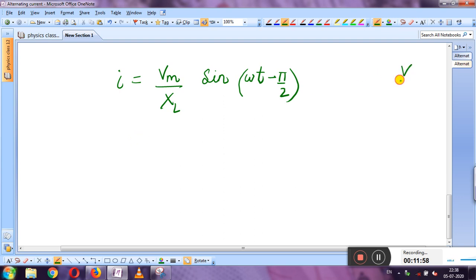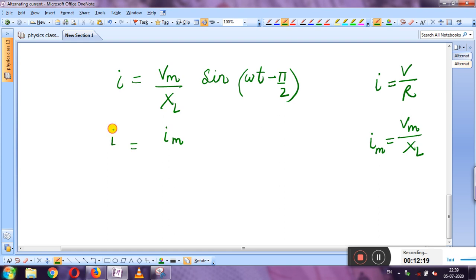Using Ohm's law, V upon R is equal to I, so here Vm upon XL can also be written as Im, as voltage is maximum.